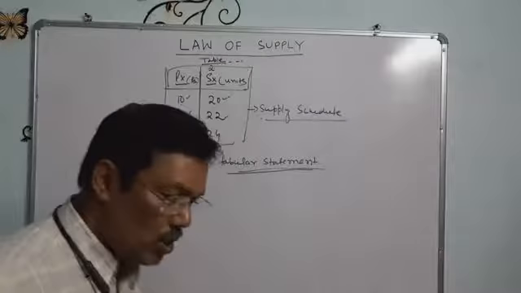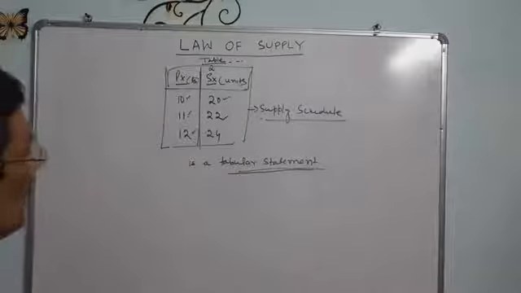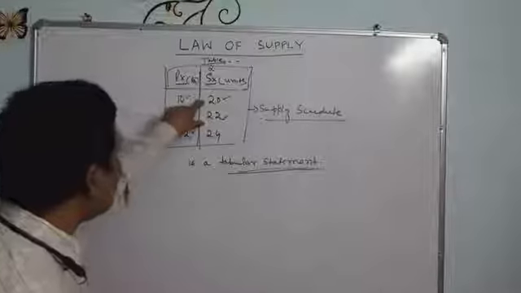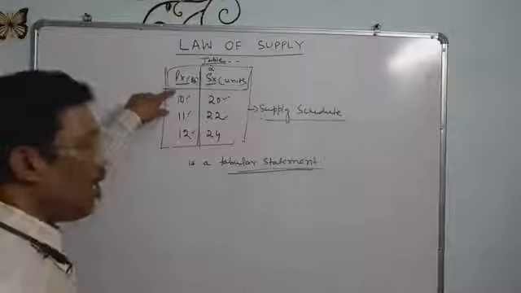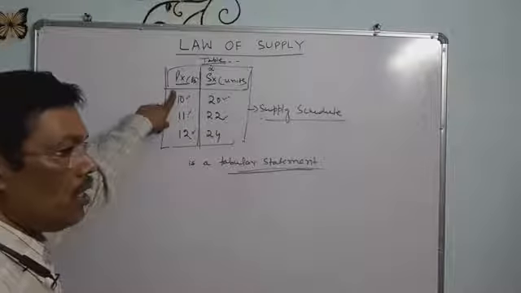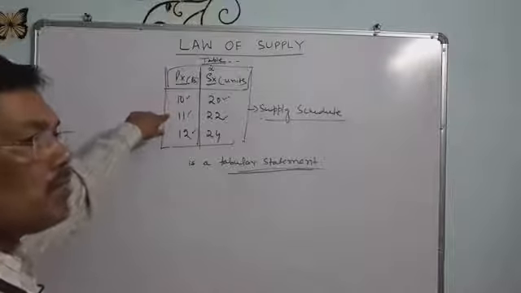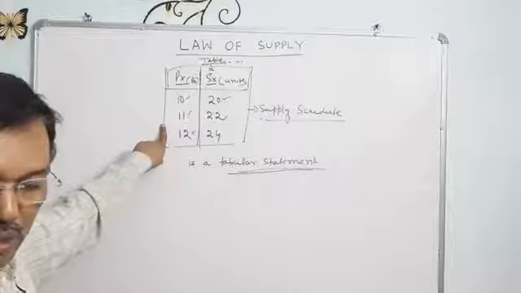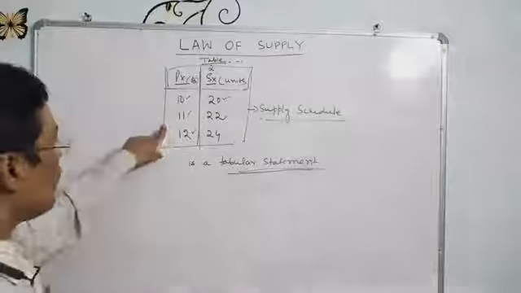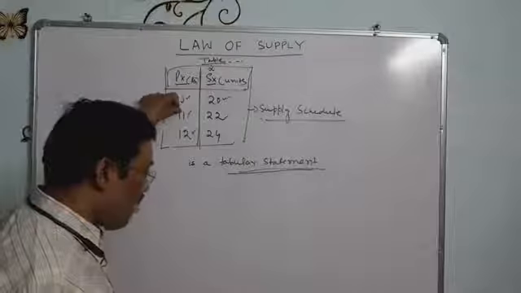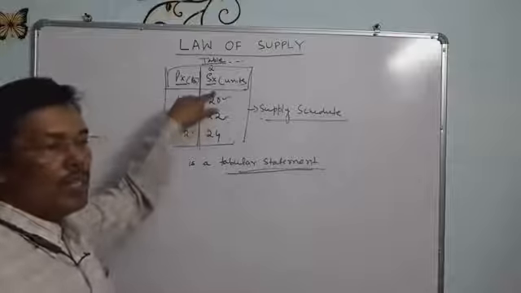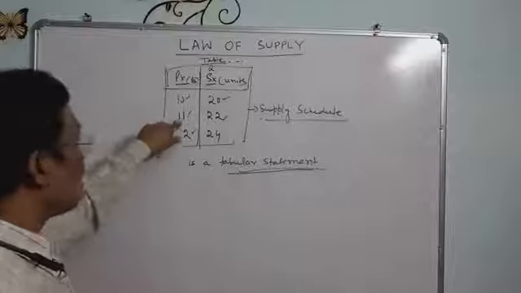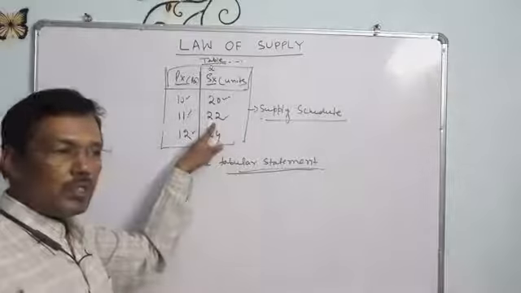So the supply schedule is a tabular statement. What does it show? It shows the different quantities supplied by a firm or a producer at different prices of a good. Clear, my friends? Whenever the price is 10 rupees, the quantity supplied will be 20 units. When the price increases from 10 to 11 rupees, the quantity supplied will be 22 units.